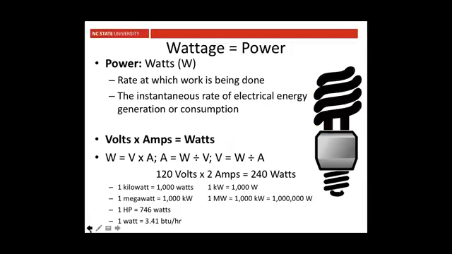All right. So down at the bottom of the screen, there are some conversion factors that I wanted you to know. 1 kilowatt equals 1,000 watts. 1 megawatt equals 1,000 kilowatts. Why that's important is because a lot of times people talk about PV systems in terms of kilowatts, watts, or megawatts.